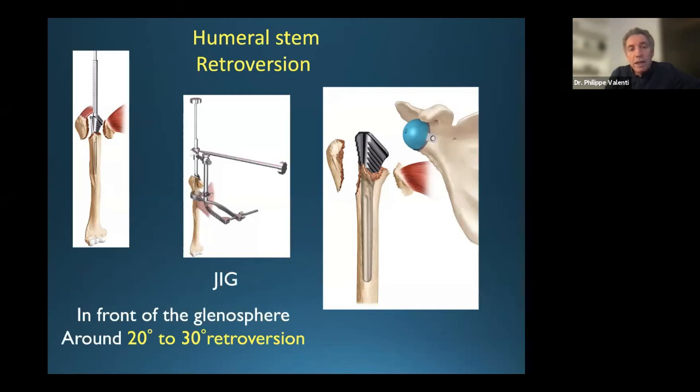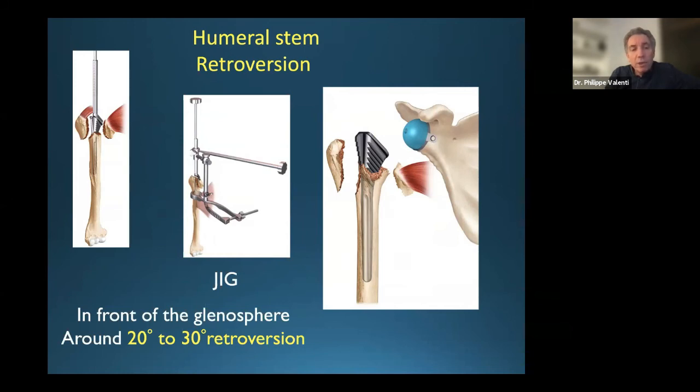So regarding the good level of the humeral stem on the retroversion, normally you can measure with a CT scan preoperatively the retroversion of the native humerus, but it's not so easy. And I put the stem with 20 or 30 degrees of retroversion.